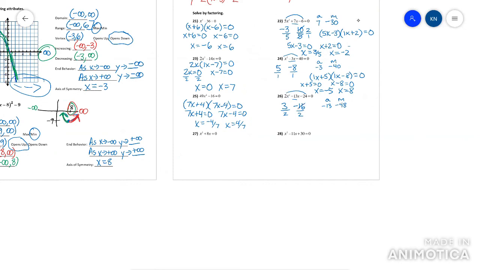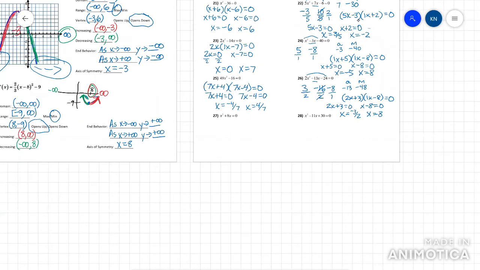You must reduce. This reduces to be -8/1. Now you can write it in factored form, 2x plus 3 and 1x minus 8. Set each of those factors equal to 0 and solve. So this one would be -3/2, and this one would be +8.